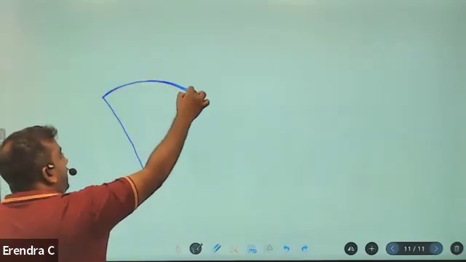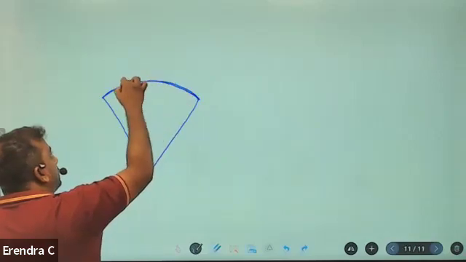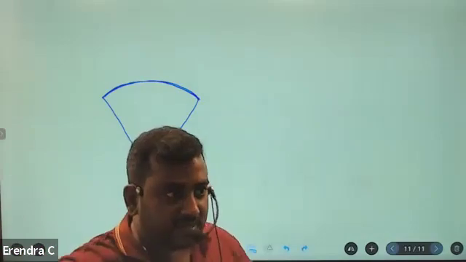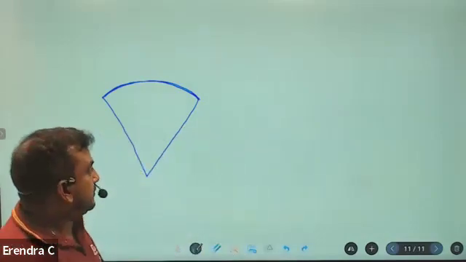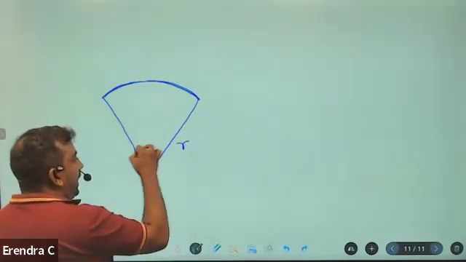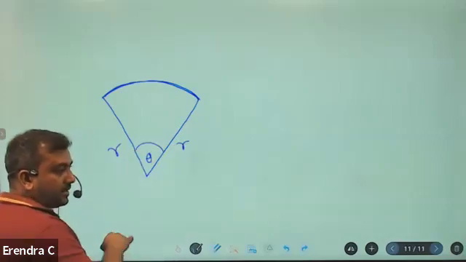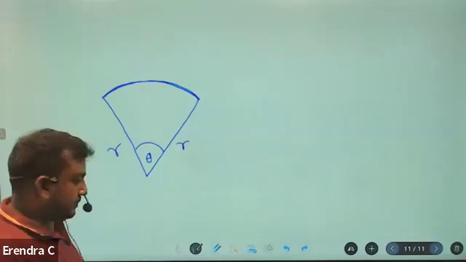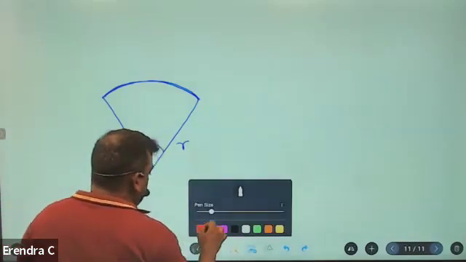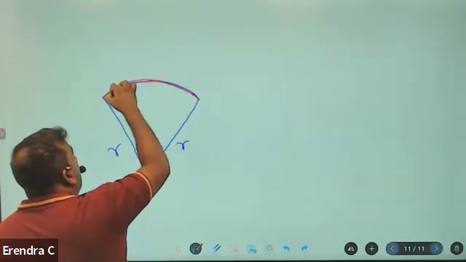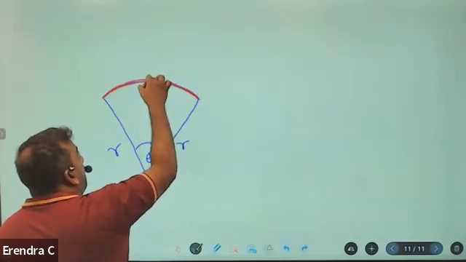Remember, this looks like a slice of pizza, no? Pick one slice of pizza. Here radius R, here radius R. This angle here is called what? Theta. This length here, I'll draw in red. What do you call it? Arc length.